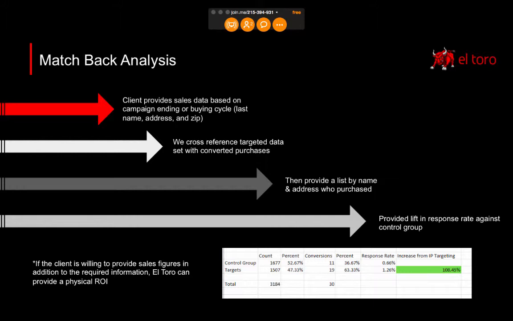However, because of the matchback analysis, it doesn't matter if someone clicks the ad, fills out a form, or calls you. We can actually provide for you all of the sales data in terms of converted sales with our matchback analysis.